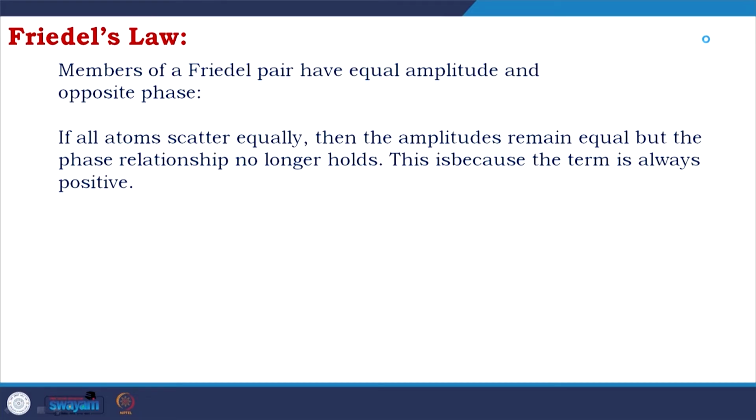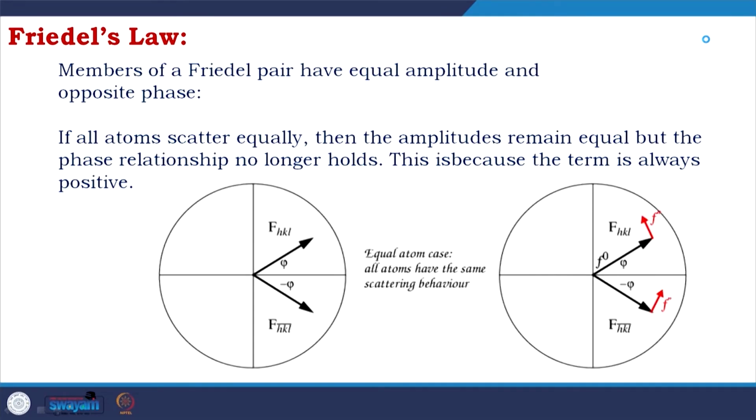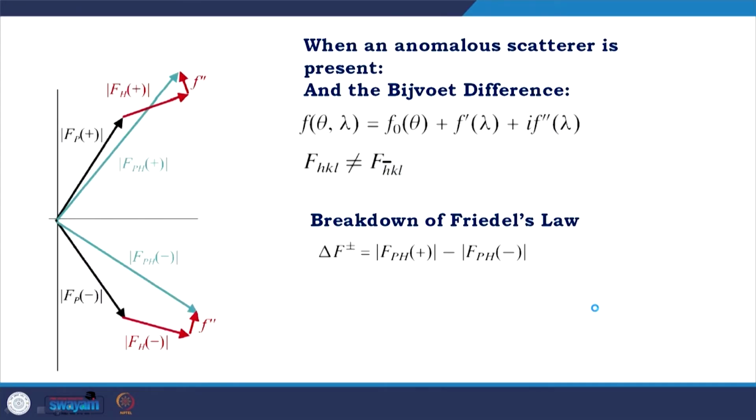If all atoms scatter equally, then the amplitudes remain equal, and the phase relationship is preserved. So, in the equal atom case, all atoms have the same scattering behavior. When you compare between F(hkl) and F(-h-k-l), you won't get a difference.